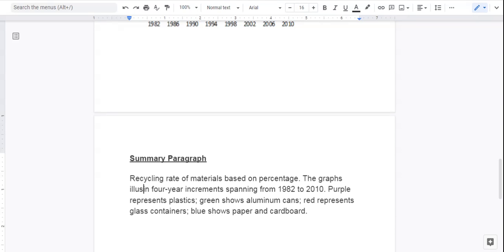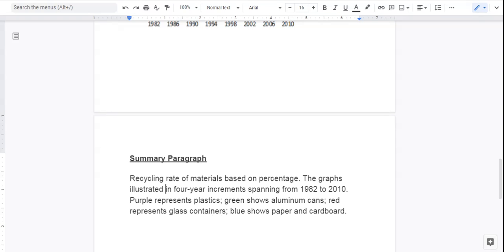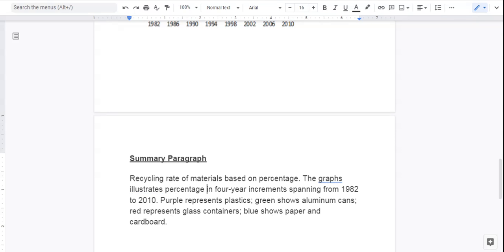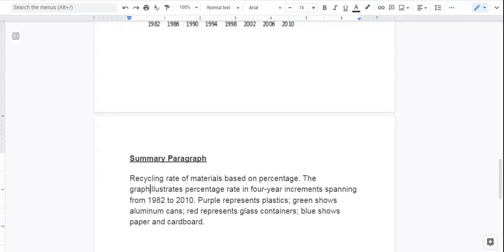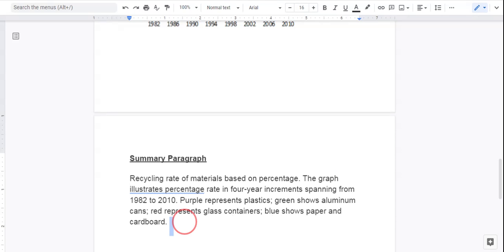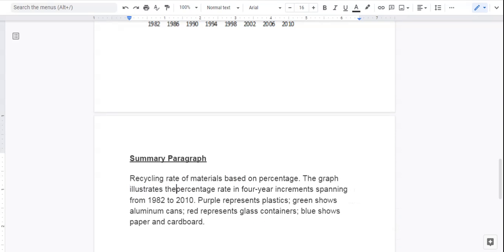The graph illustrates percentage rate in 4-year increments spanning from 1982.